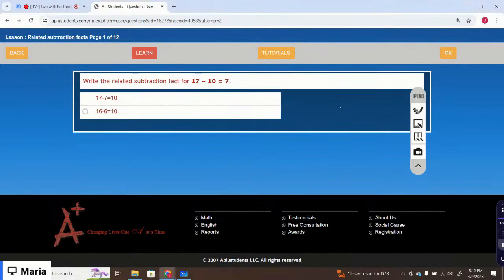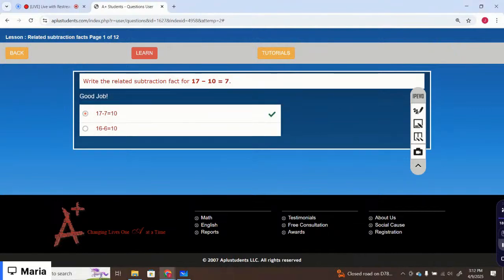Option number 1 is the correct option. That is 17 take away 7 equals 10.